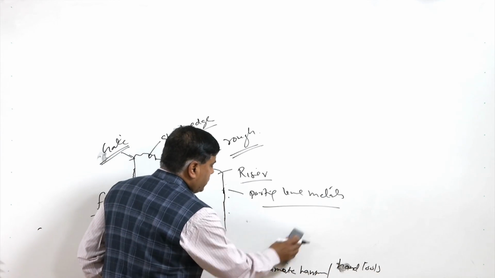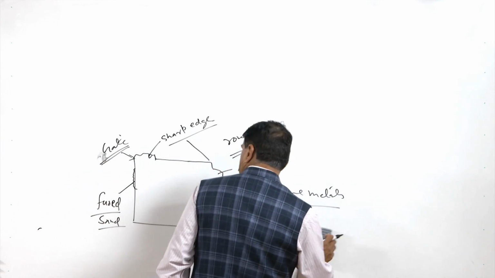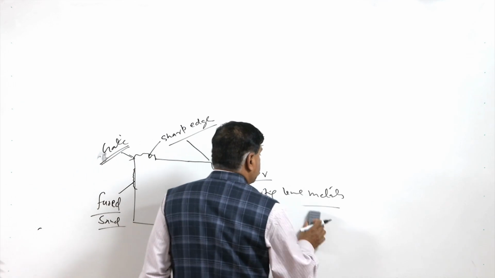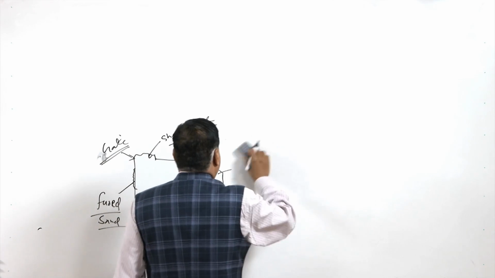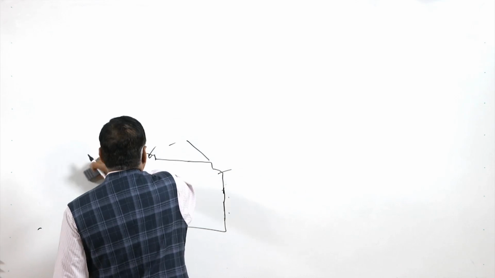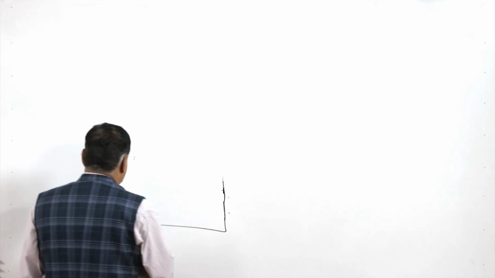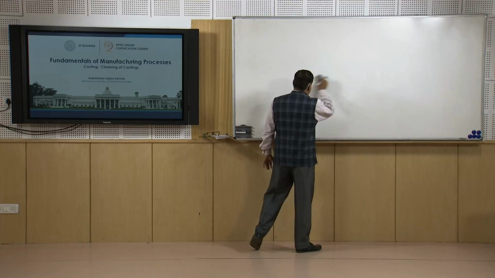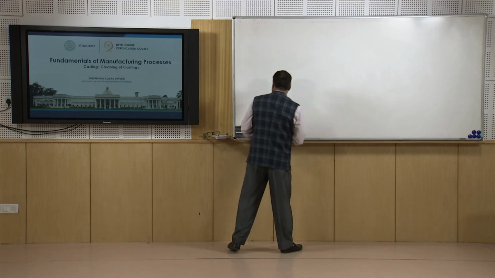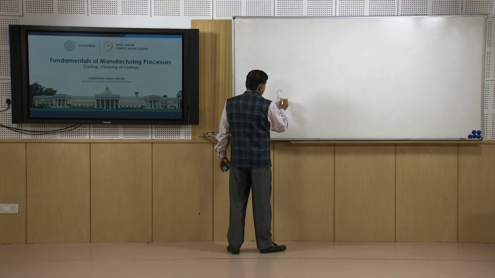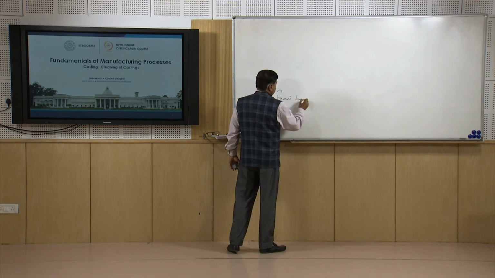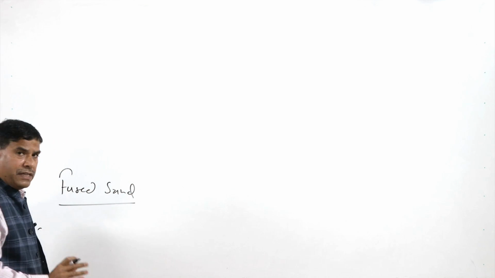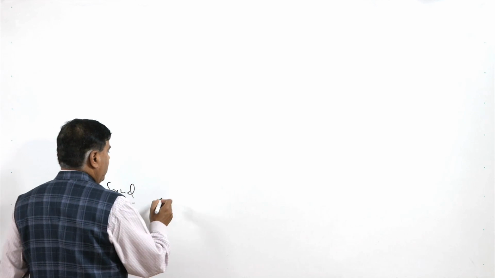But in order to remove the fused sand, we can use two different methods. So, we are left with the fused sand. To remove the fused sand, basically two methods are used.